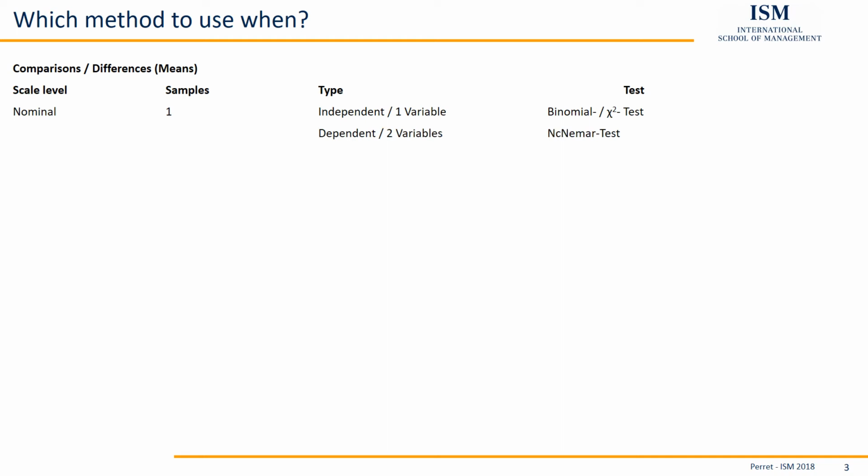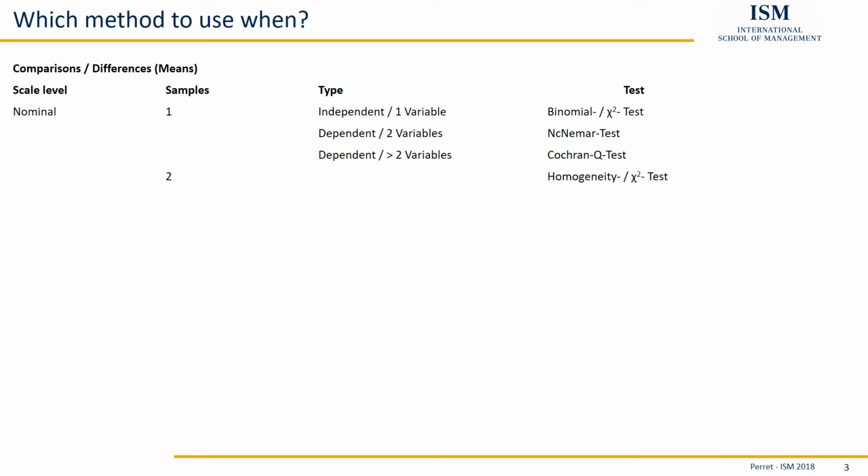What if we have two dependent variables? Then we're going to use the McNemar test. And if we have more than two dependent variables, we're going to use the so-called Cochran's Q test. So the first case, McNemar, was before and after an event. Cochran's Q, different points in time, but the same interviewees.